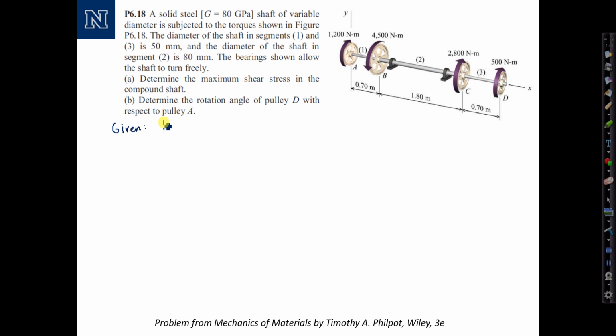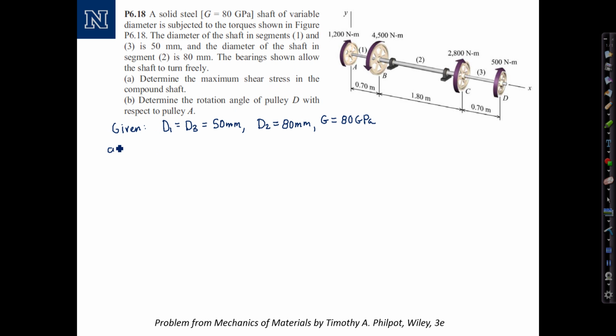So we're given D1 equals D3 equals 50 millimeters, and D2 equals 80 millimeters. And these are solid circular shafts this time. We are also given that the shear modulus for the material, the same in all of the shafts, is equal to 80 gigapascals. And it says the bearings allow the shaft to turn freely.